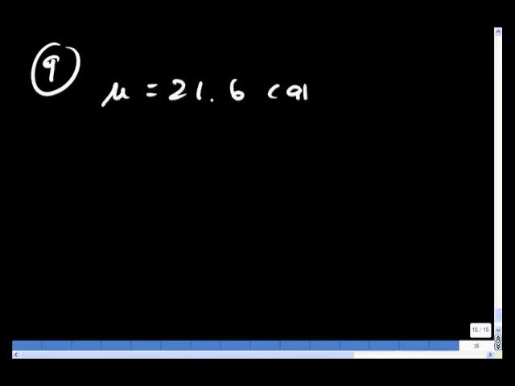Question 9. Question 9 gives us a mean of 21.6 calls per day. A day is 24 hours. The probability question they want us to answer is, what's the probability of getting one call?